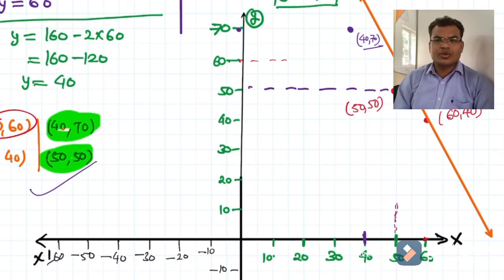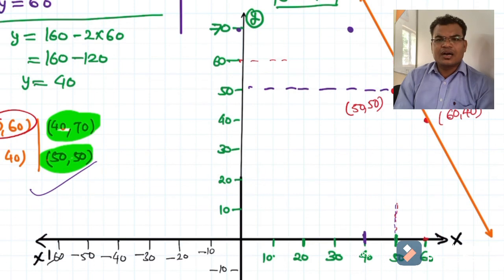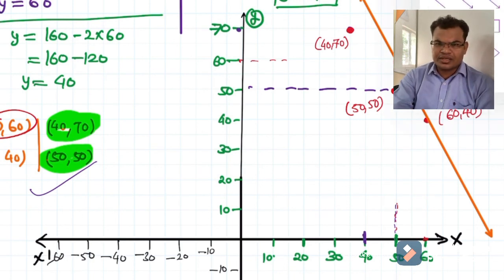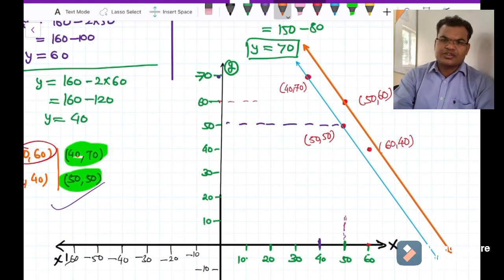Now guys, what is your next job? Yes, very fast. You will just join these points and make the straight line. That will be your second straight line. So let's join these points. Taking the line, and I join it.